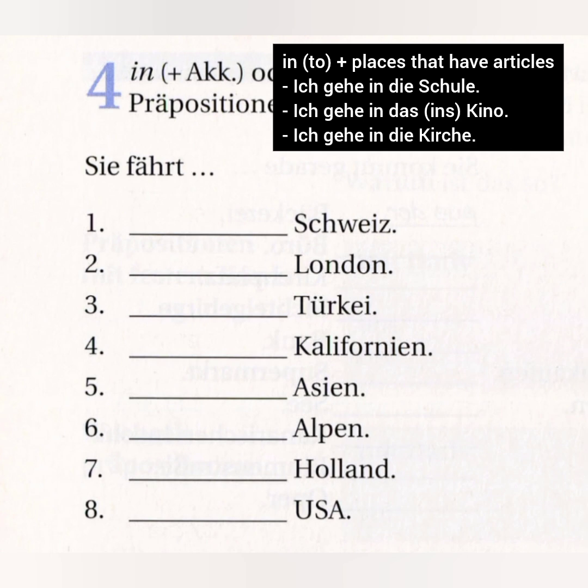You can't say, ich gehe nach der Schule. No, it is, ich gehe in die Schule. I am going to school. Ich gehe in das Kino. You could say in das Kino or ins Kino, right? Ich gehe in die Kirche. So the bottom line is that in is normally used with places that have articles.